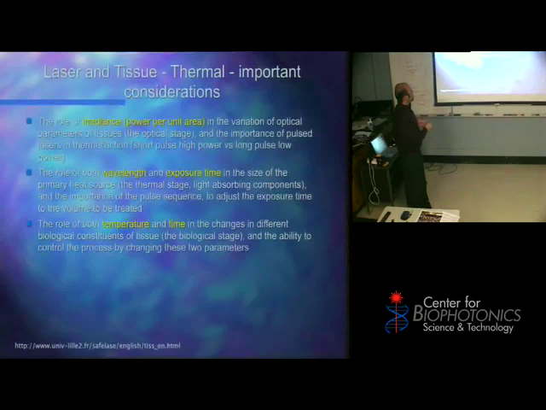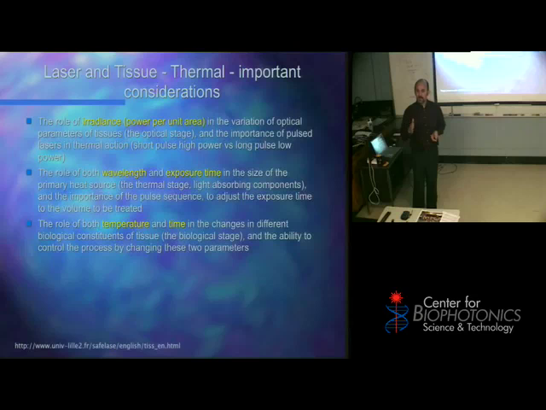And these things, the wavelength and exposure time and power per unit area, affect the temperature of the tissue. And we know that the temperature of the tissue makes a big difference in what happens to it. If it's in the 41 to 44 degrees centigrade range, things start to slowly shut down. If it's more like 50 to 100 centigrade, things start to coagulate.